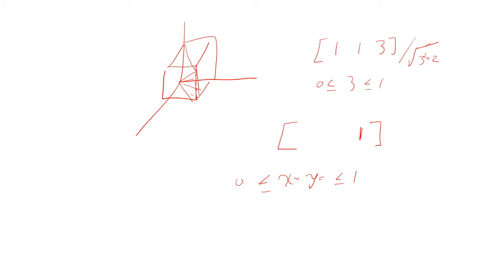So here we have x, x, 1. This is x squared plus x squared plus 1, so the square root of 2x squared plus 1. So now you want to plug this into your formula for the Young's modulus.